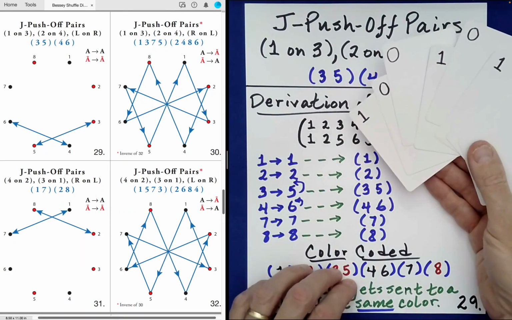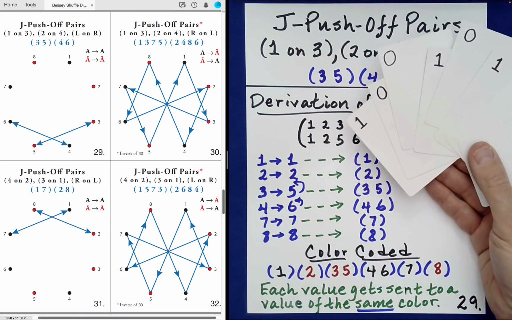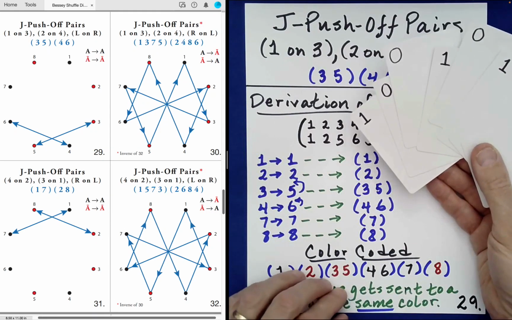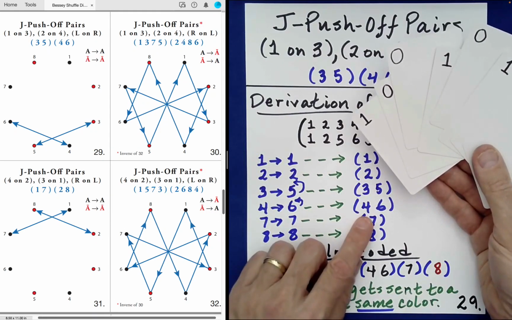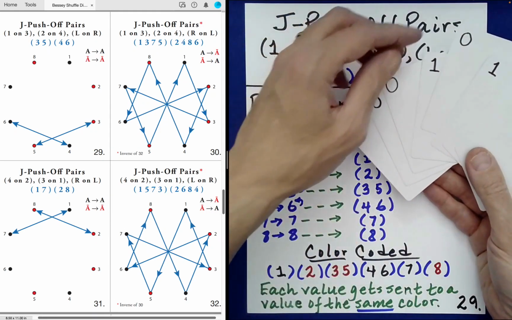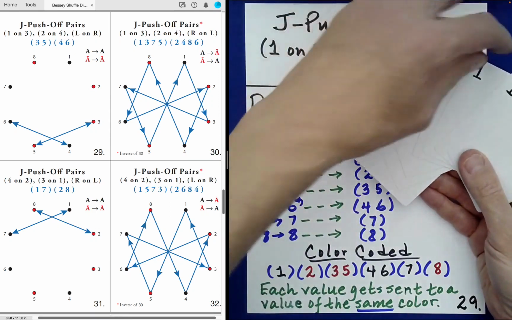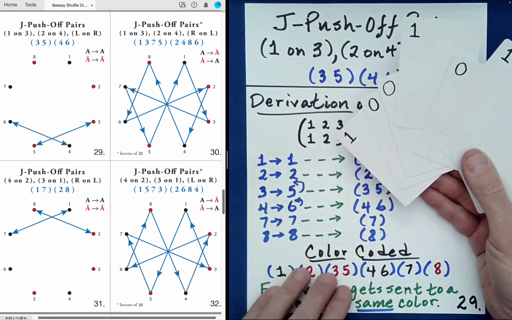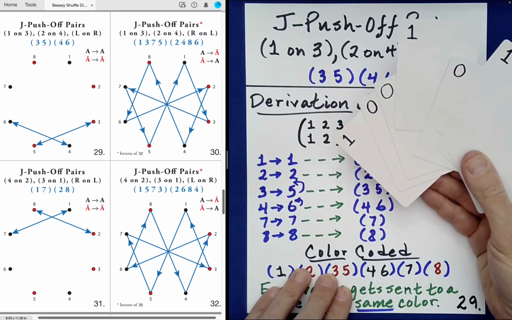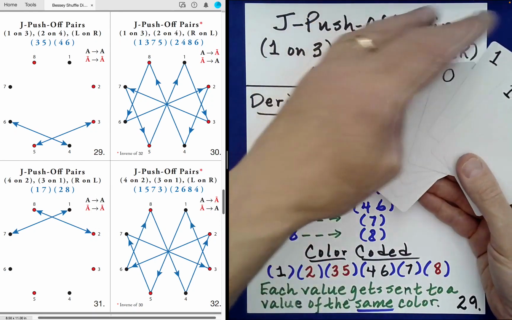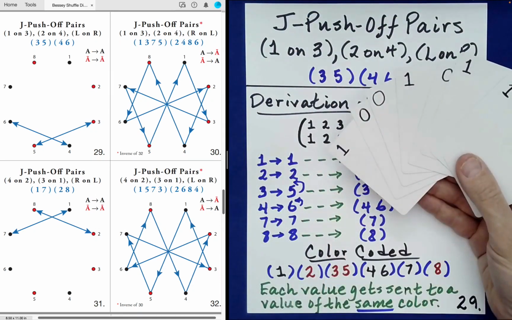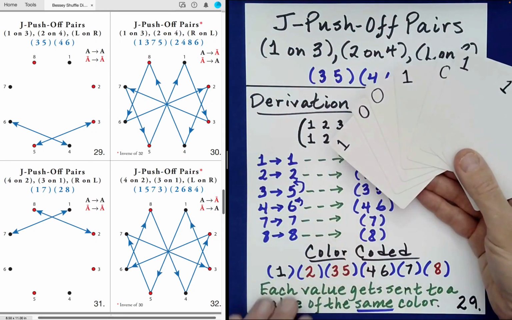But of course, we won't detect anything if both of them are labeled zeros. Similarly, the cards in positions 4 and 6, these 2 right here, technically traded places after this shuffle was completed. And then the cards that were in the last 2 positions, 7 and 8, are fixed points, so they did not go anywhere.